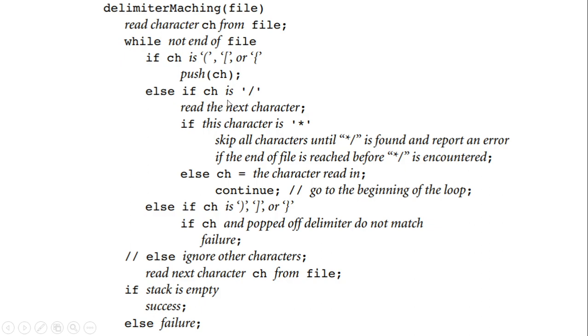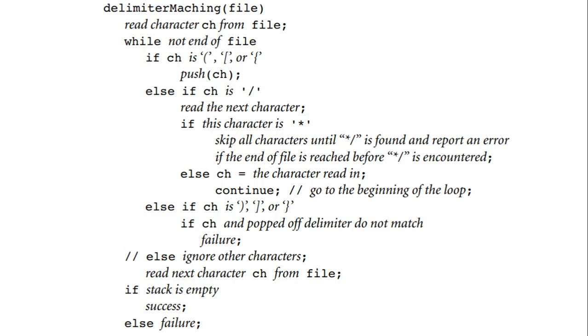Else, if the character is a forward slash, it will then determine if it is an opening comment delimiter. So it will need to read the next character. If the forward slash is followed by an asterisk, that means it is an open comment delimiter. It will skip all of the characters.